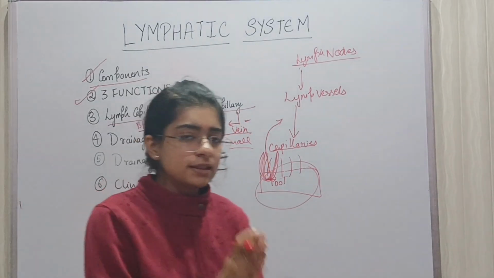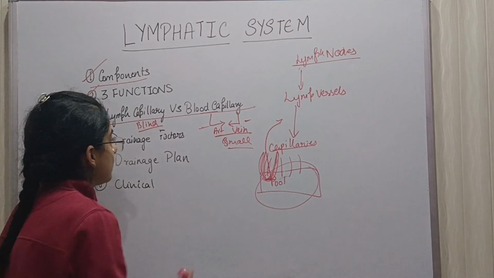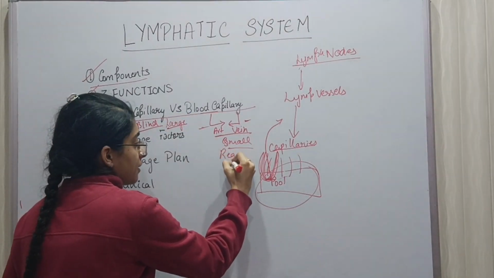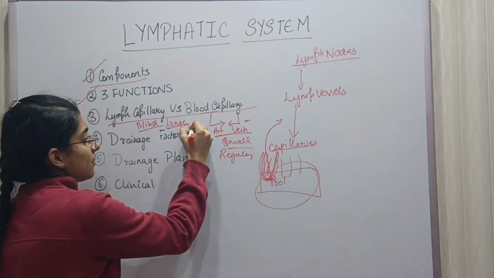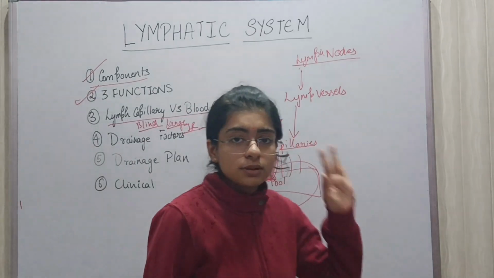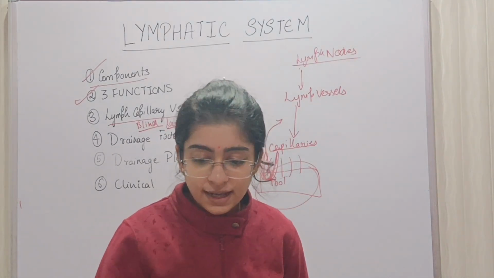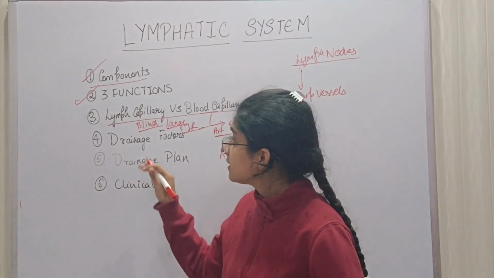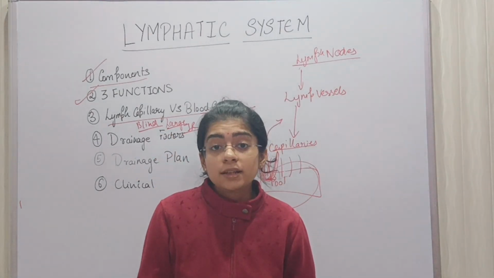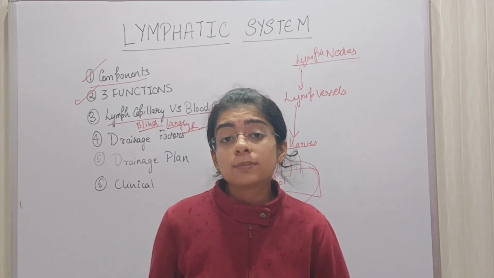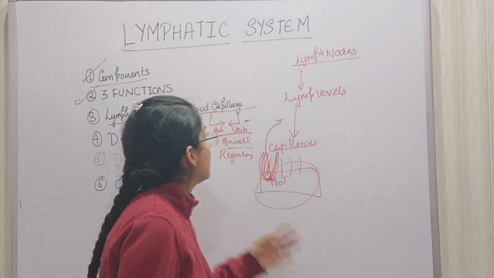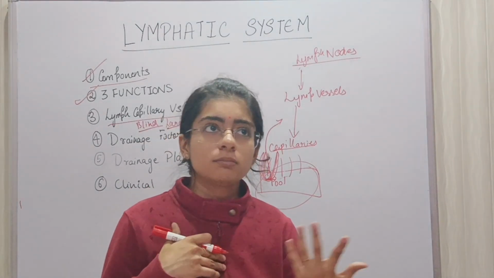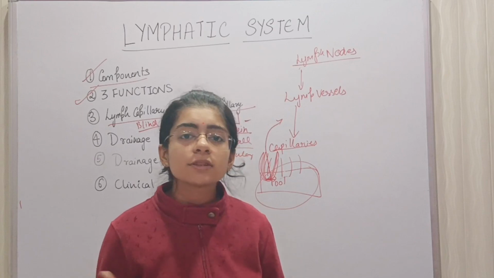Next, what do I see is that we all know blood capillaries are very small, but lymph capillaries are large. Blood capillaries are regular, but lymph capillaries are irregular. So this is the difference between the blood and the lymph capillaries. Now the third point of difference is permeability to molecules. Lymph capillaries are permeable to bigger molecules. The blood capillary helps in the diffusion of gases, nutrients and everything.